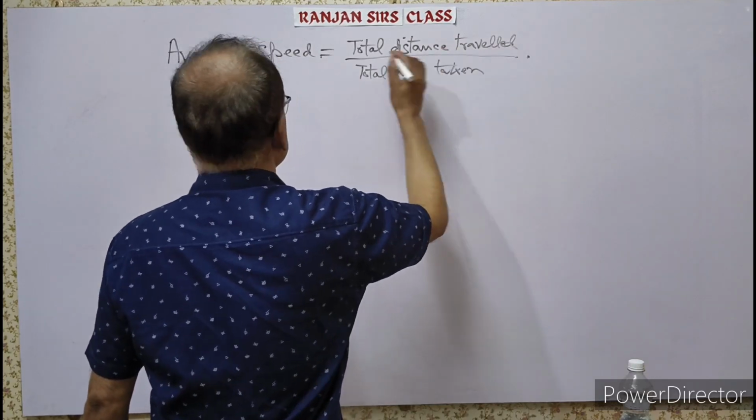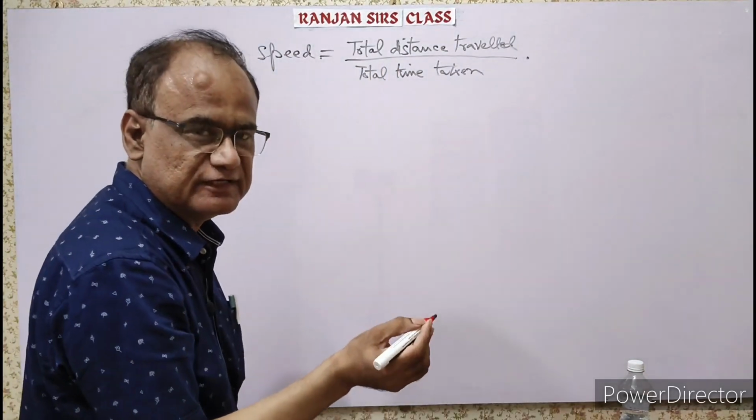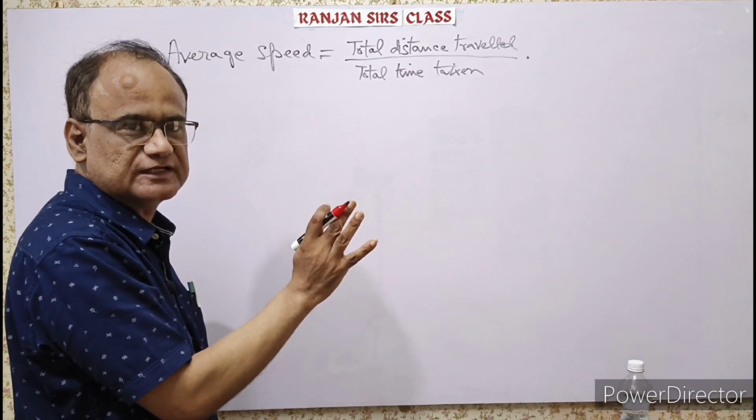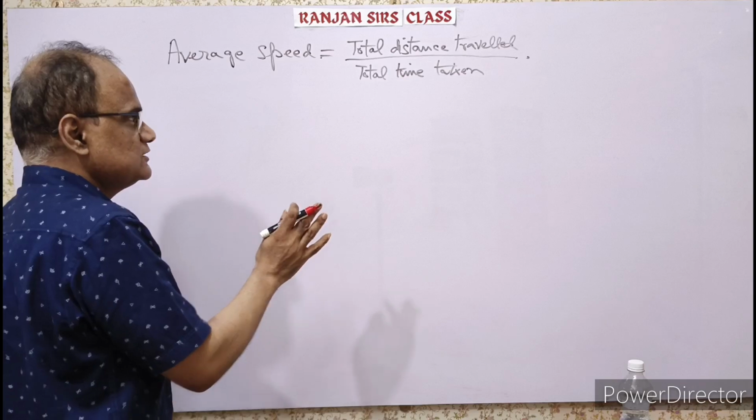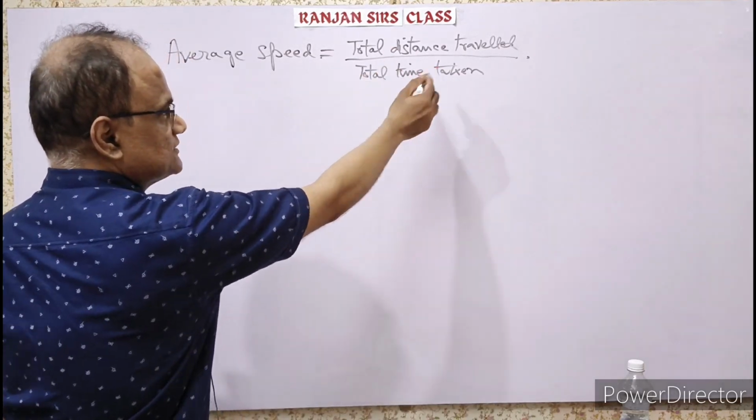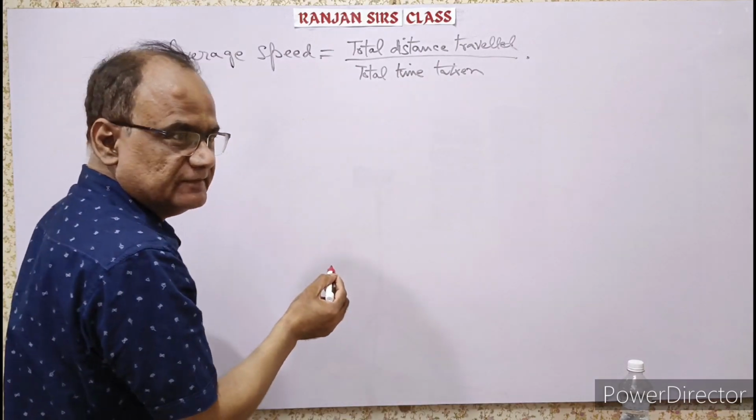That means the speed may have been different at different times. Speed was not necessarily uniform. Speed could have been different, but the average speed will be found how? Total distance traveled divided by total time taken.